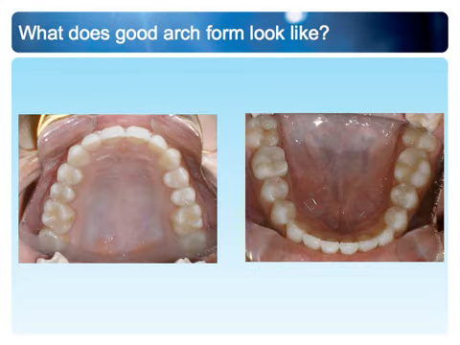Well, what does good arch form look like? Would be nice to define that. The arch form takes its shape from the second molar all the way around to the opposite second molar. And if we want to establish what good arch form looks like, it means connecting the dots.